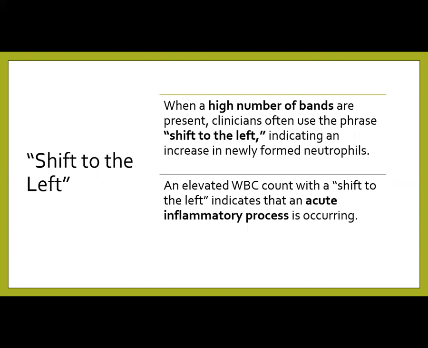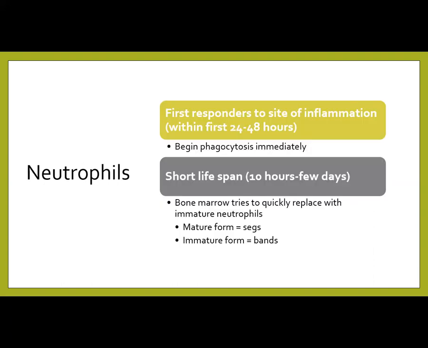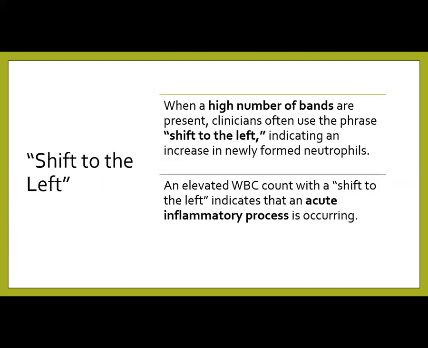Now the shift to the left, I just want you to understand what this means if you see it in a chart. Basically, this is when there's a high number of bands. If you remember, bands are that immature form of neutrophils. When there's a high number of these present, clinicians often use the phrase shift to the left, indicating there's an increase in newly formed neutrophils.